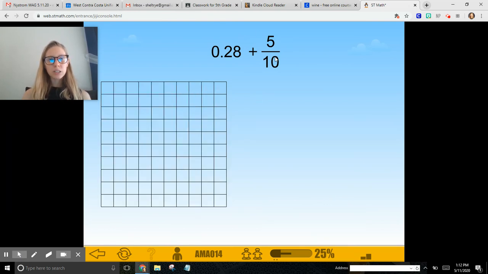So similar to this one, 0.28 plus 5 tenths, this was just like that last one. So 0.28, think to yourself, what would this decimal look like as a fraction?